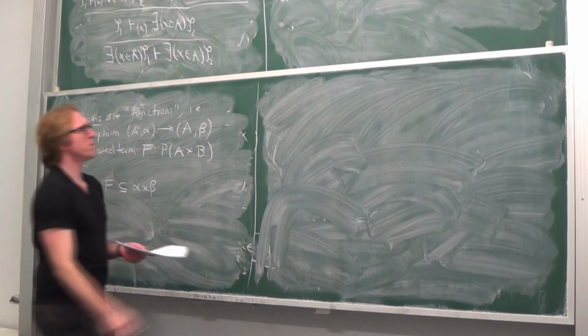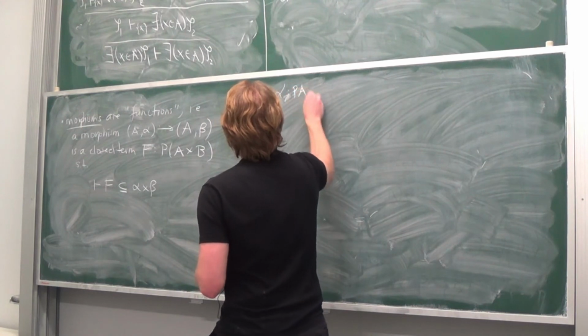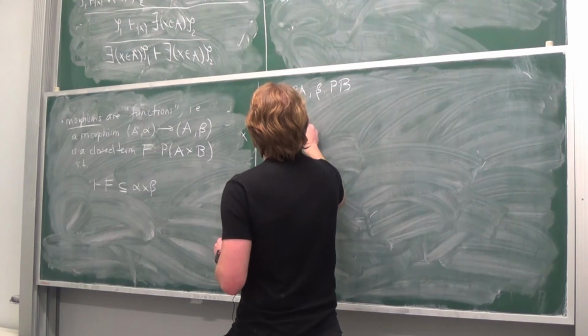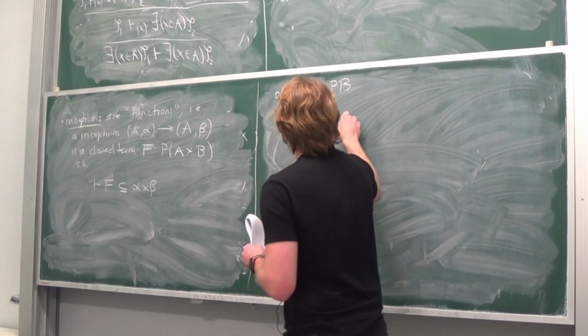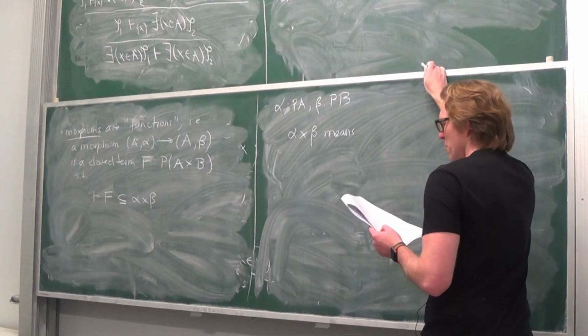So let me do that now. If alpha is a term of type PA and beta is a term of type PB, alpha cross beta means the following term of type P(A cross B).